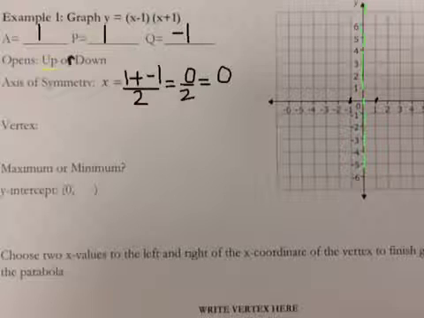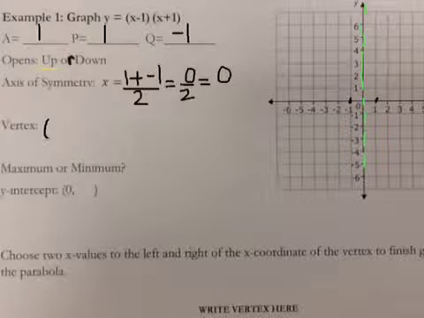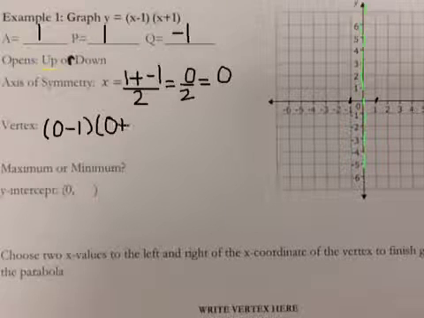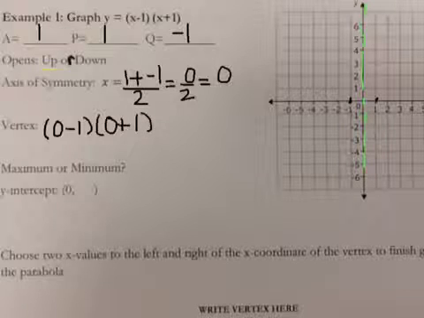To find the y-coordinate of the vertex, I'm going to plug in the x-coordinate. So that's going to be 0 minus 1 times 0 plus 1. So that's negative 1 times positive 1, which equals negative 1.